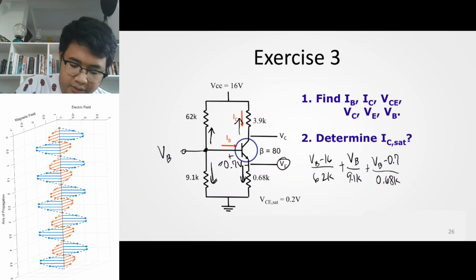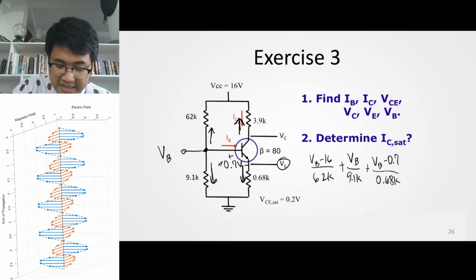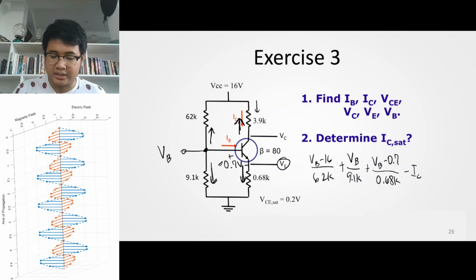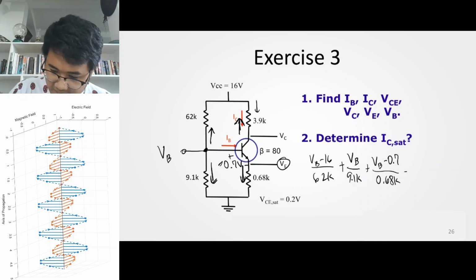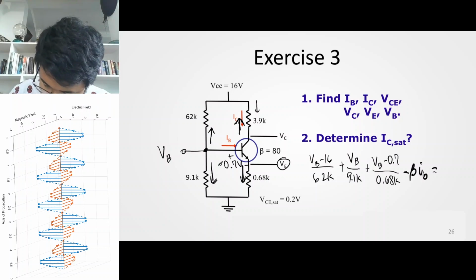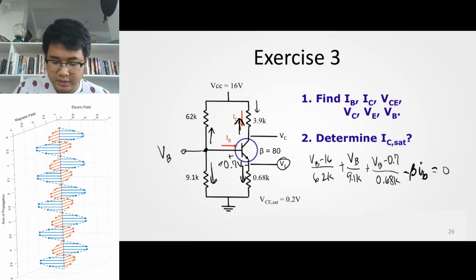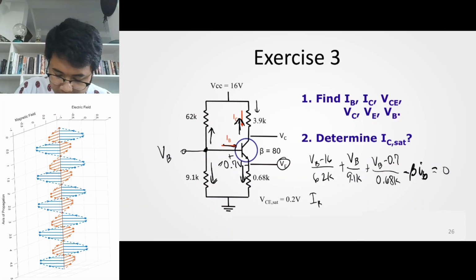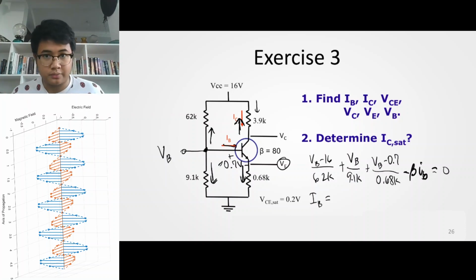Finally, you have a current going up here. Since you're in the forward active region, that current is negative of IC, and IC in the forward active region is beta times IB. So IB is flowing here. If you perform KCL at this node, IB can be solved as a function of VB.